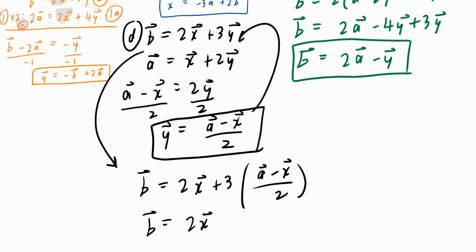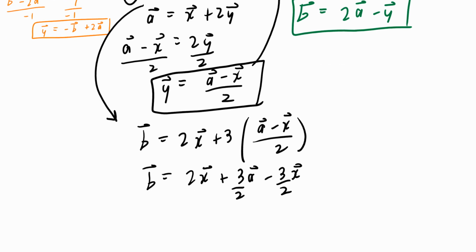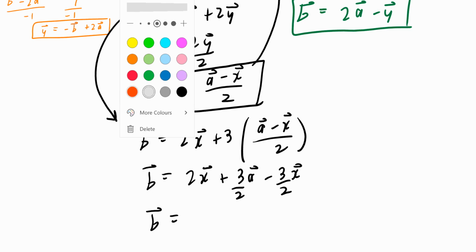2x plus 3a divided by 2 minus 3x divided by 2. One more step. Vector b equals, let's highlight these terms.